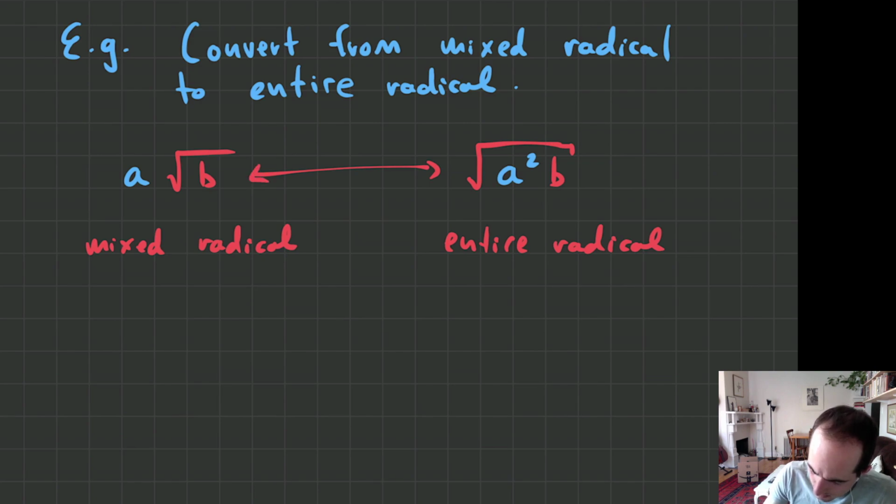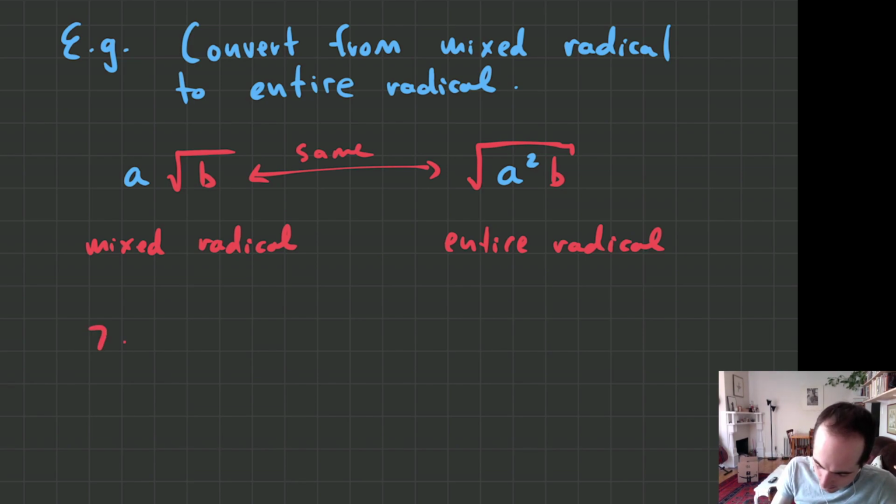These are the same. It's kind of like converting an improper fraction to a mixed number. It's almost exactly the same process too, actually. But the idea is that in one of them we've sort of factored out the biggest square that we can, and it's outside of the radical, whereas on the other one, it's all just one big radical. So let's take a look at what some of these examples would look like.